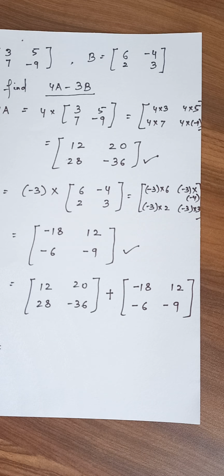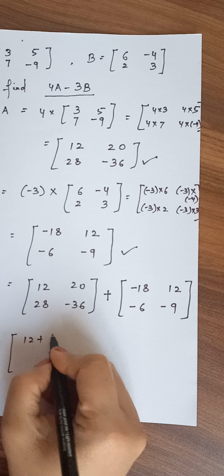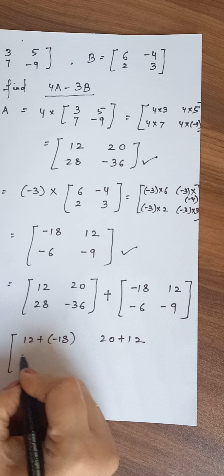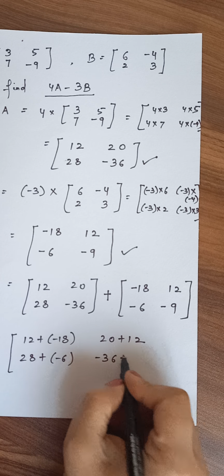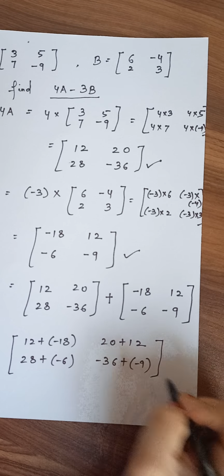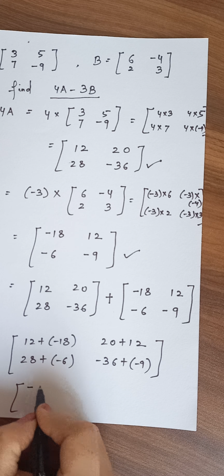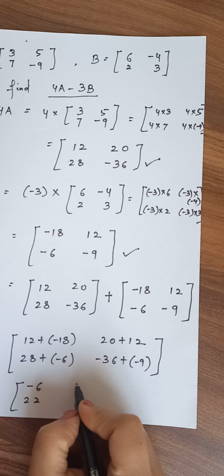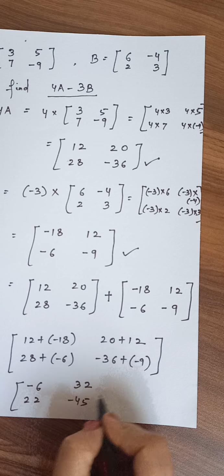Then you do the matrix addition, and in matrix addition we know that we have to add the corresponding elements of the given matrices. So you add them together here, and finally you get the result by the algebraic sum: minus 6, 22, 32 and finally minus 45.